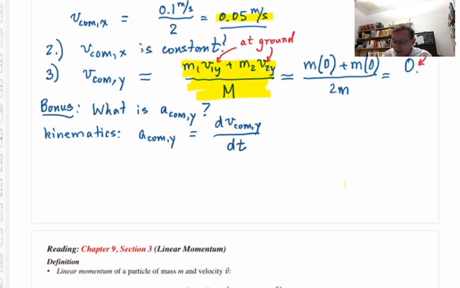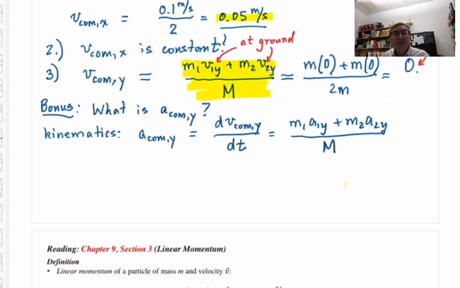So then I just take the formula you see right up above for VCOM-y component, and I take the time derivative of both sides. And all that happens is where the V1y and the V2y are, you get A1y and A2y. It's that simple. So you have M1 times A1y component plus M2 times A2y component over total M.